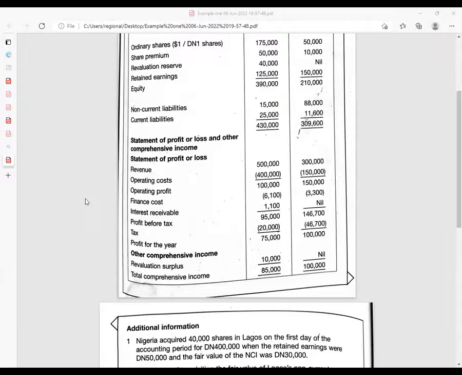After that, I have interest receivable. After that, I have profit before tax. You can leave some space just in case something crops up. Profit before tax. Then I have taxation, tax, which now will bear what we call profit for the year.